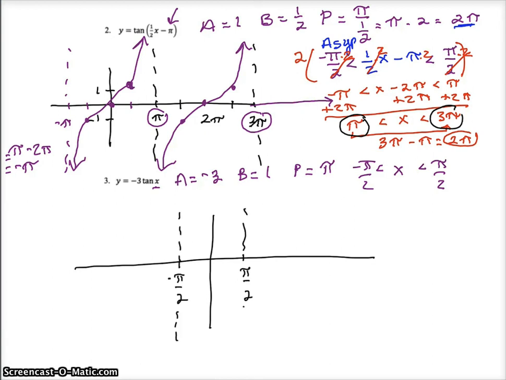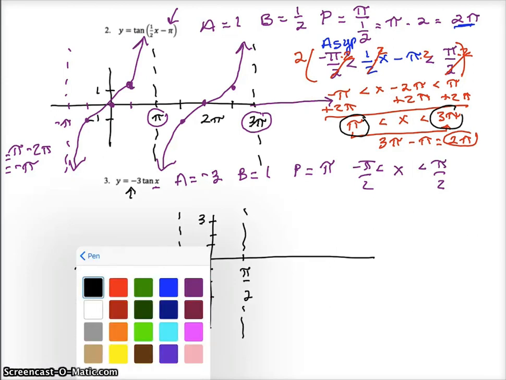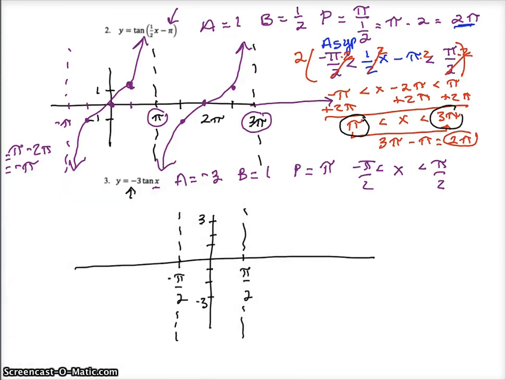On the y-axis, we should have our positive a, in this case that is 3, and our negative a, negative 3. Now remember that we have a vertical reflection, so rather than tangent rising to the right, it's going to fall to the right. So at my first quarter mark, instead of negative 3 as usual, we'll be at positive 3, 0, and then negative 3. And then tangent is falling to the right.